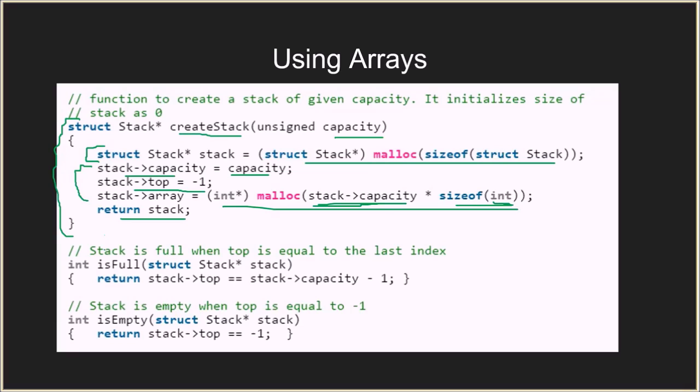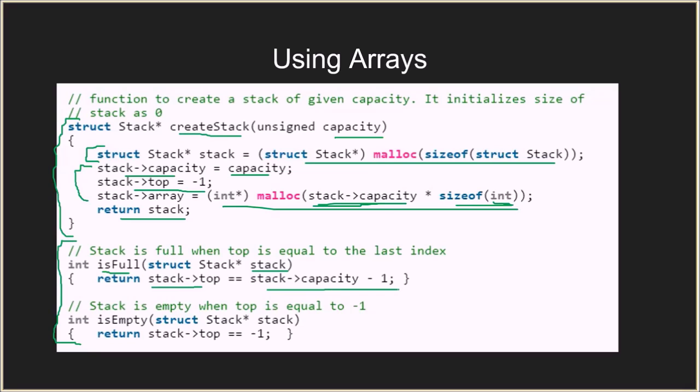Okay, so now we have two utility functions here, which we will be using when implementing the push and pop operations. The first function is full. It checks if the stack is already full. We pass the stack pointer, and then we just check if the top of the stack is equal to the capacity of the stack -1.